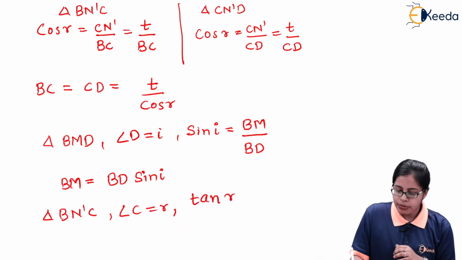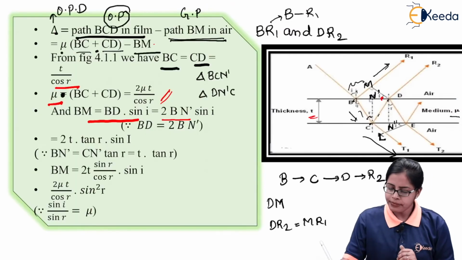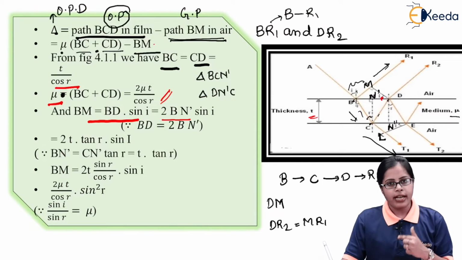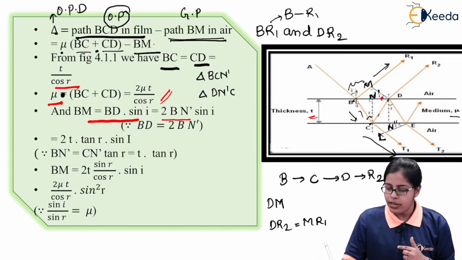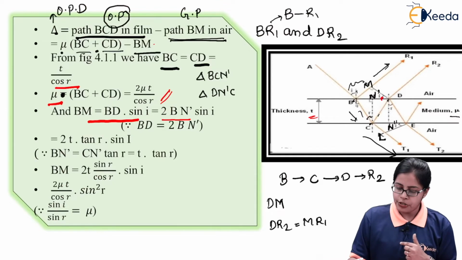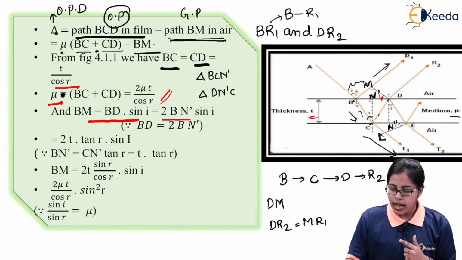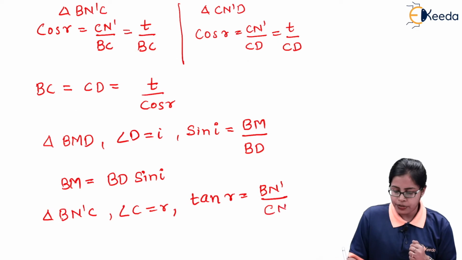Tan R from the equation is going to be opposite upon adjacent. So if I look, the opposite term is BN dash divided by the adjacent term of angle R, which is CN dash.